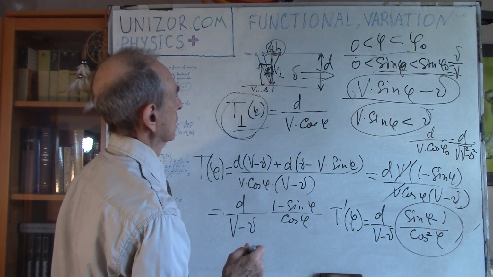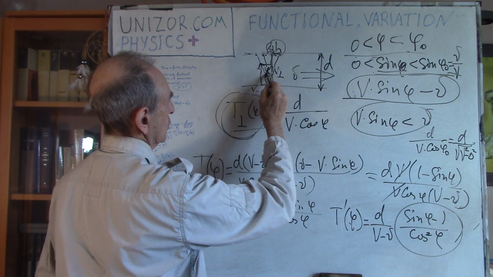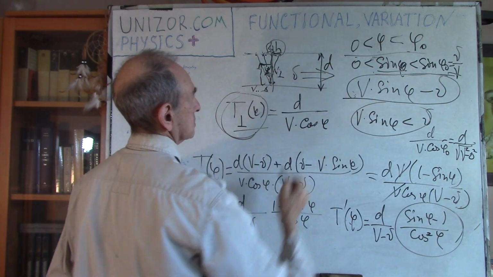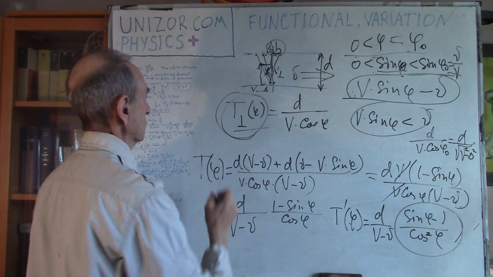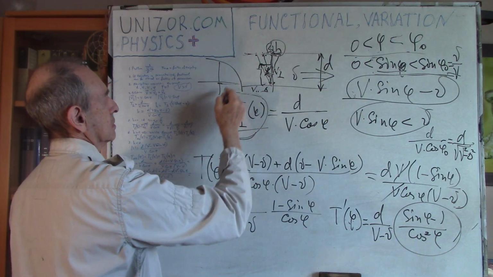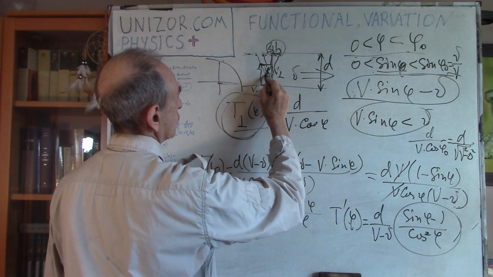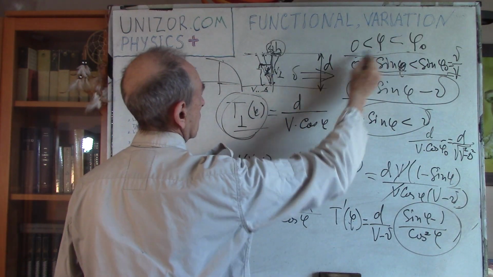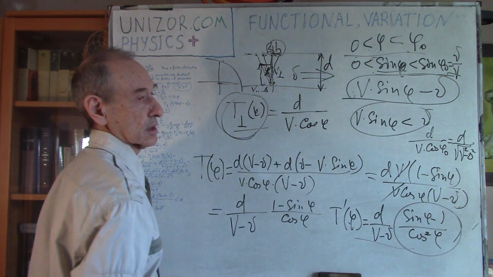And the smaller the angle I make, the greater the function will be. So the function is diminishing: the smaller the argument, the greater the function, right? So if I reduce phi from phi 0 down to 0, my function will always be increasing.